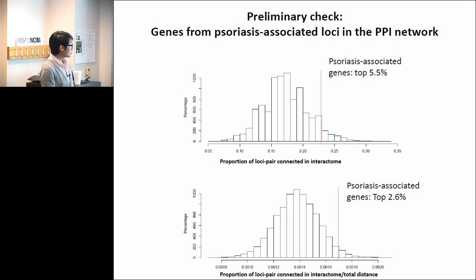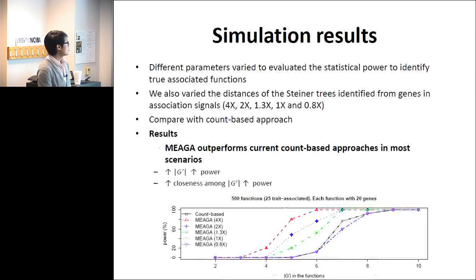So we performed different simulations. We varied different parameters, such as the number of genes in the G prime. We also varied one thing that's really important, the distances of the Steiner trees identified from the genes in associated signals. This is a relative distance. For example, 4x means that those genes from the associated loci are 4 times closer with each other than randomly selected genes.